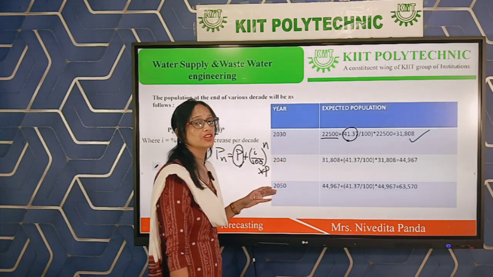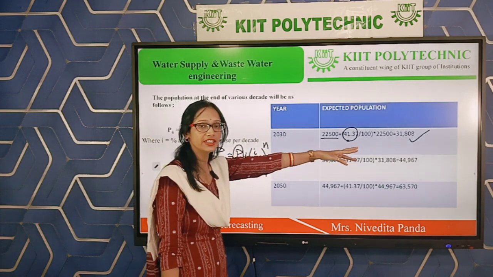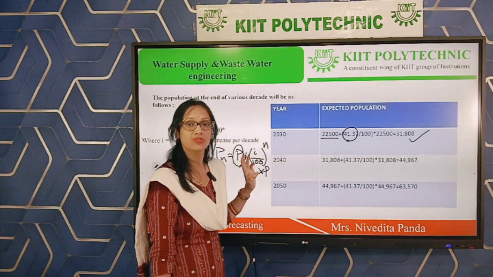When we go for the calculation of 2040, we have to take the present population of 2030 to calculate the population of 2040.